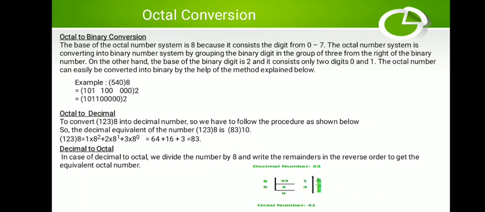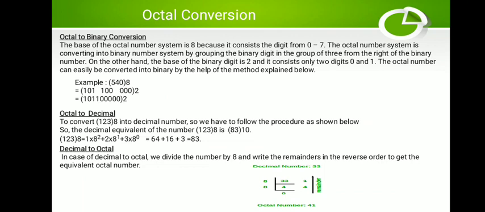Now in reverse, we will convert decimal to octal. Like we convert decimal to binary, we use the double method, meaning divide by the base of the number system. Now here you are converting decimal to octal, so what is the base? 8. So how do you carry out the process? You divide the decimal number by 8 and take the remainder, as we saw in decimal to binary.